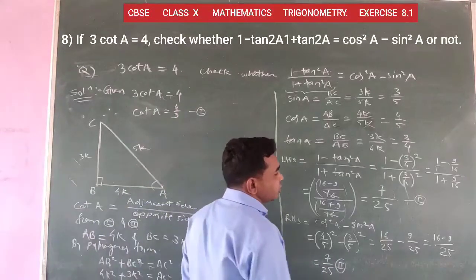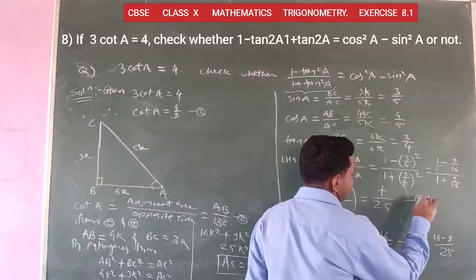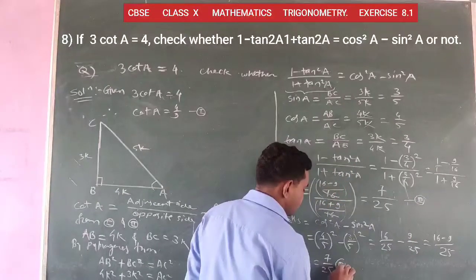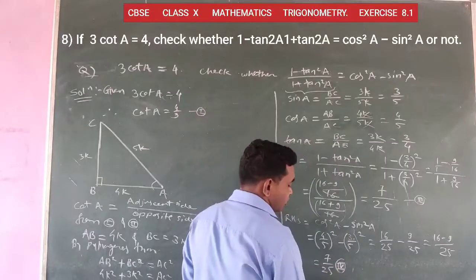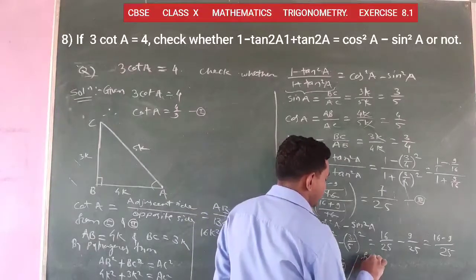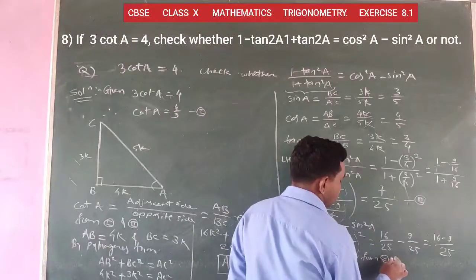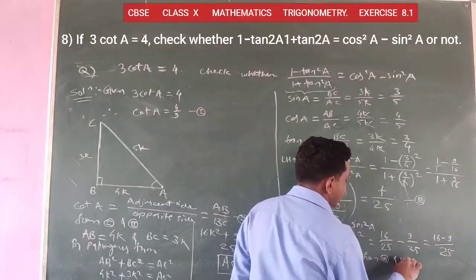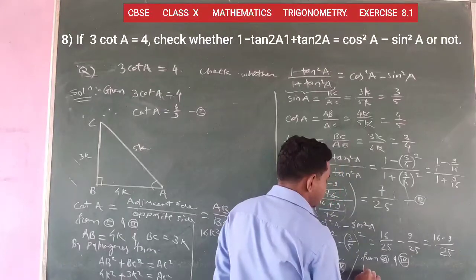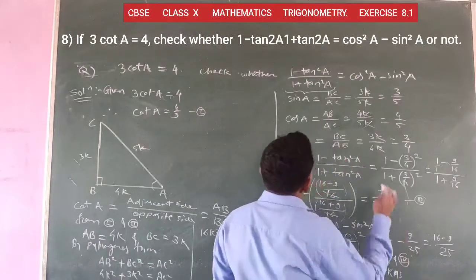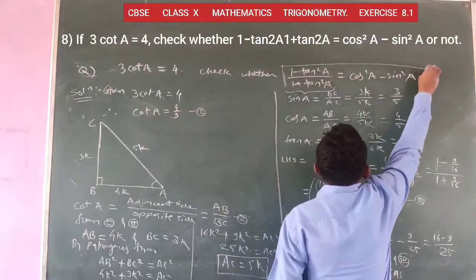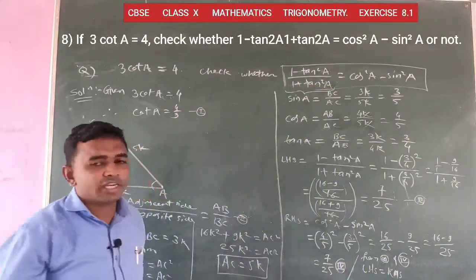We already used the equation first and second, so therefore equation number 3, and here is the equation number 4. From equation 3 and 4, LHS is equal to RHS. That means this is the correct part.